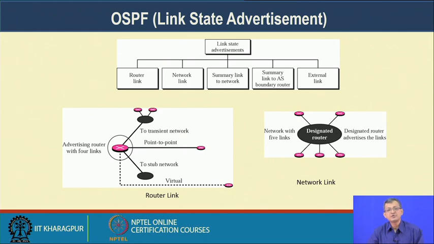And OSPF is based on link state advertisement, and there are several messages. So, link state advertisements like router link, network link, summary link to the network, summary link to AS boundary router and external link. So, these are the different categories of links in the LSAs.